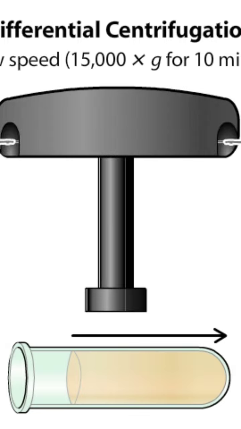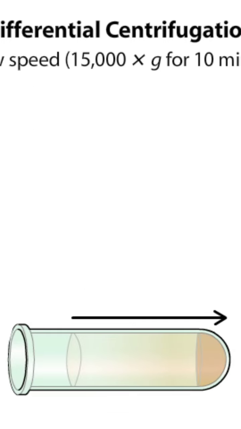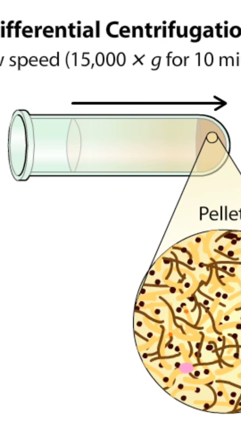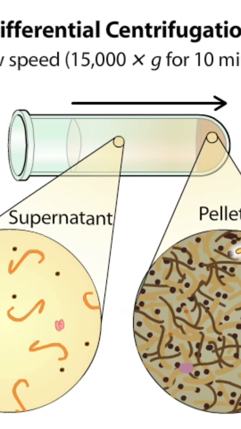During this short, low-speed spin, the largest and densest materials sediment first, forming a pellet at the bottom of the tube. The pellet contains primarily unbroken cells, flagella, and cell walls. The remaining liquid, called the supernatant, contains smaller and less dense structures.